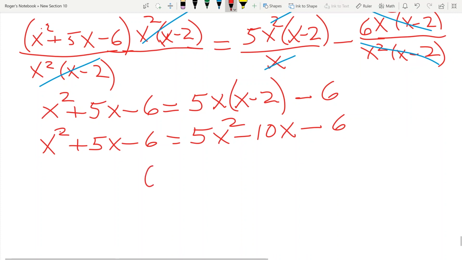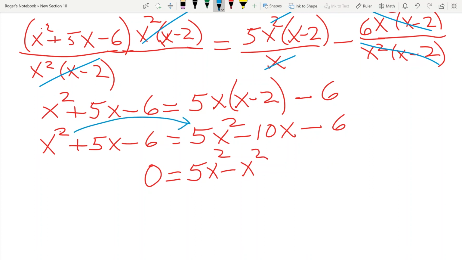So I'm going to put 0 here. I'm going to say this is equal to 5x squared minus x squared. How am I getting this? I'm taking the x squared over here, taking everything over to the right.